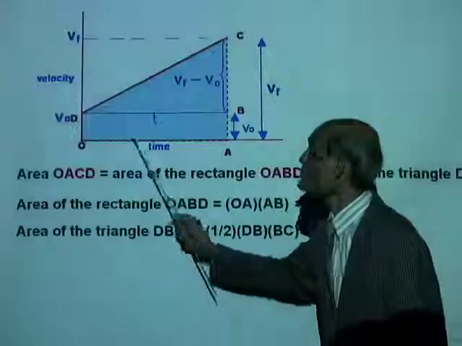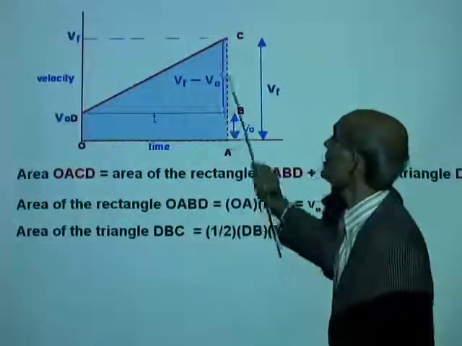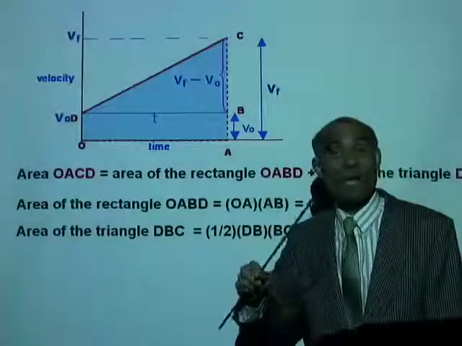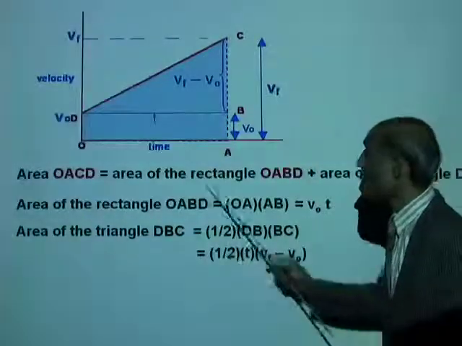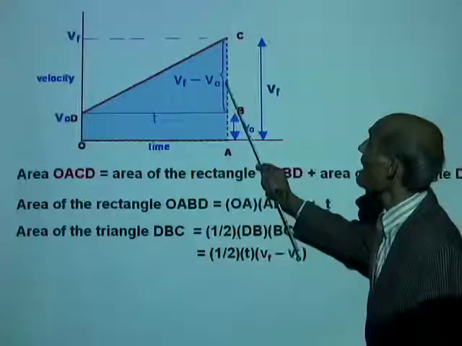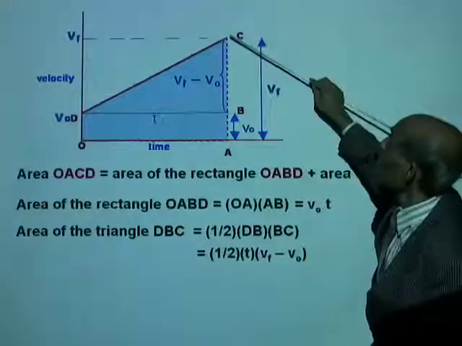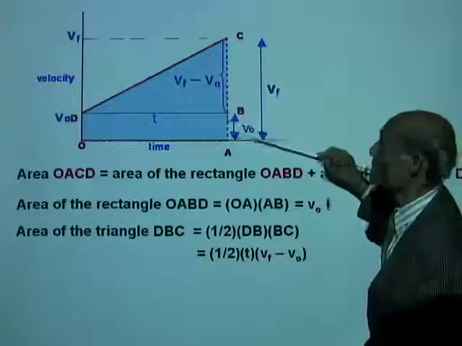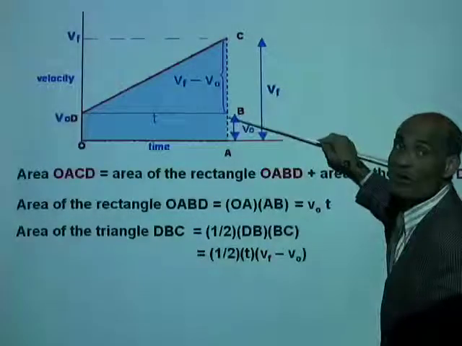What is the area of the triangle DBC? What is the area of that triangle? Area of a triangle is 1/2 base multiplied by height. What is the base of the triangle? It is t. What is the height of the triangle? If you look at this length, it is Vf, the final velocity, and this length is V0.